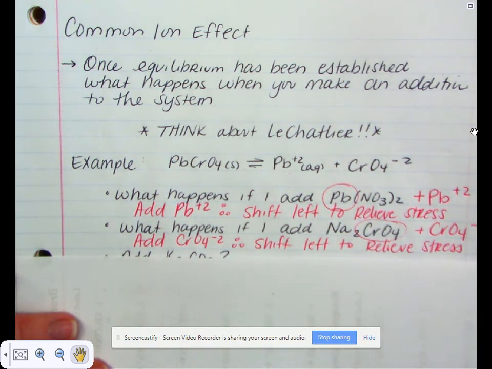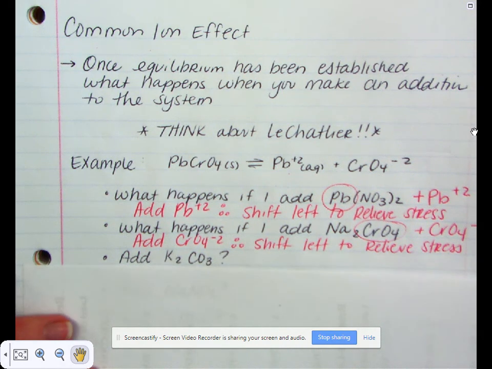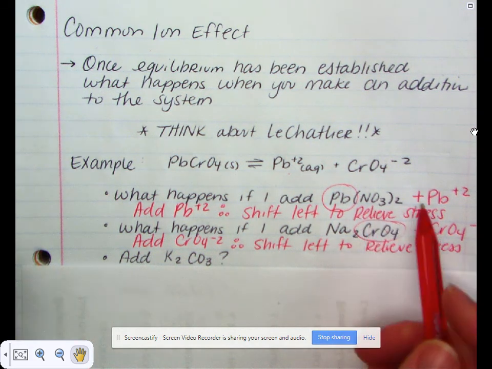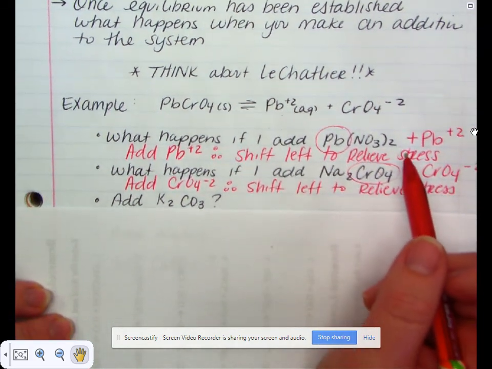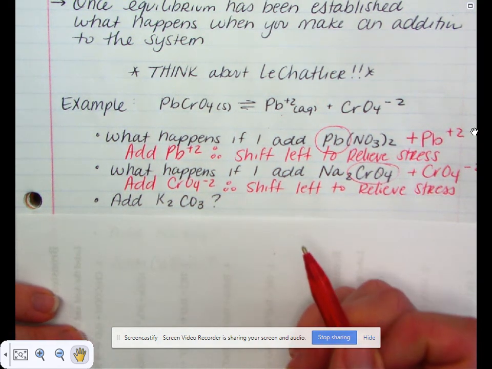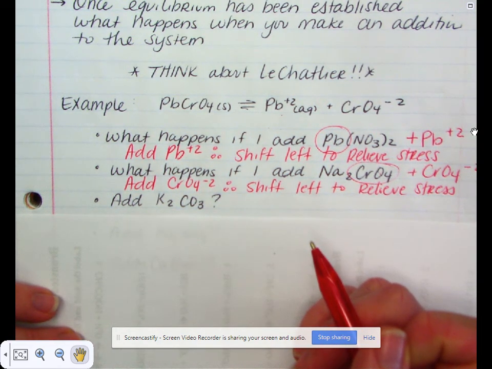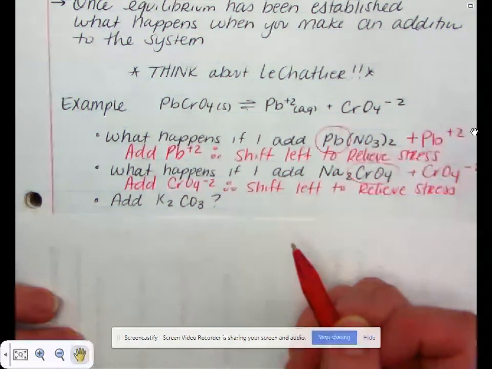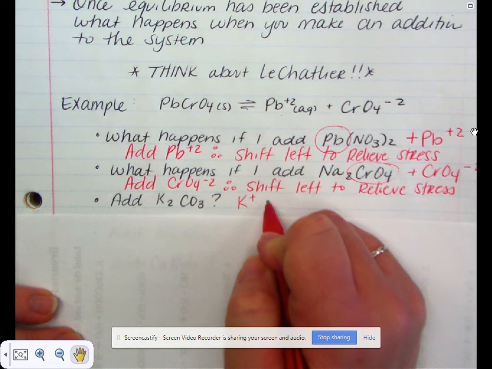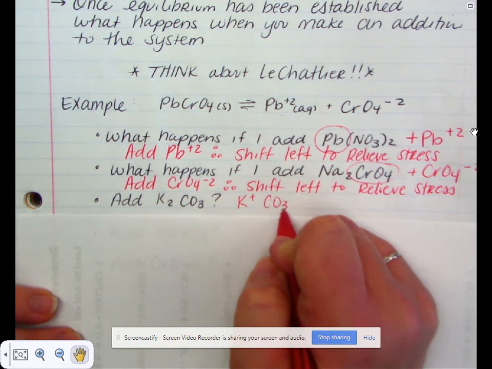Okay, so I feel like both of those were pretty obvious because they were represented here. What happens if I give you something that's not represented here? So I'm going to add potassium carbonate. Wow, sorry guys, brain fart. So what am I adding? This is K plus and CO3 minus 2.